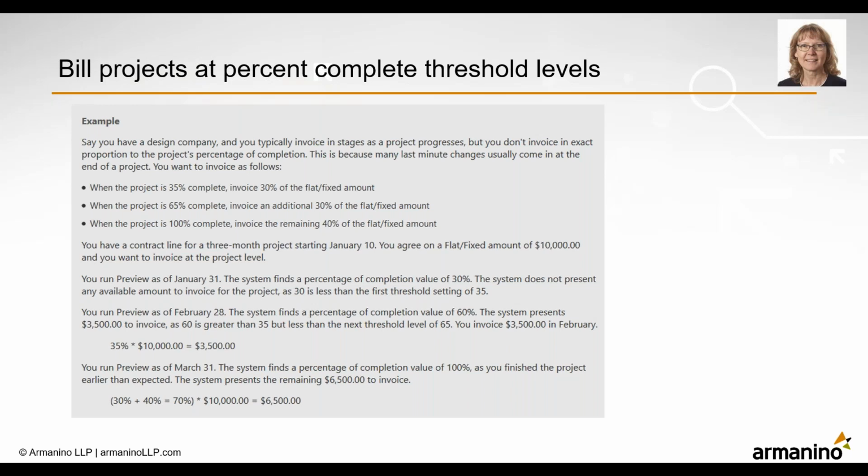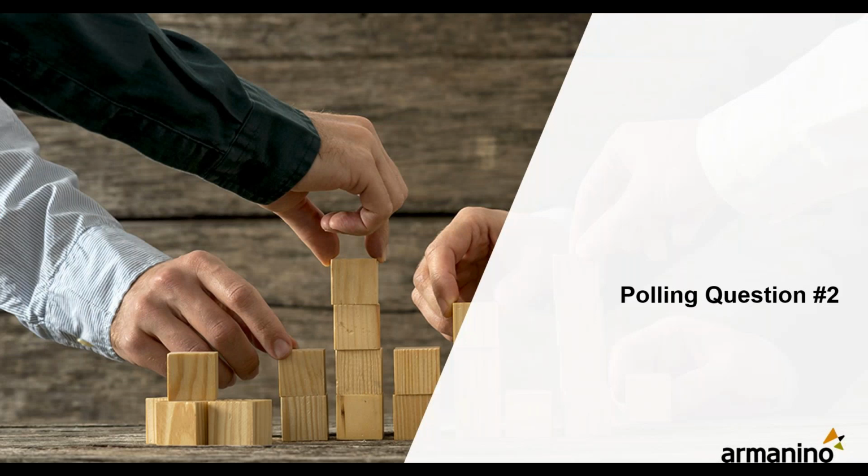When the project is 65%, invoice an additional 30%, and then when it's 100% complete, invoice the remaining 40%. So as you can see by that example, it's giving us the ability to pick and choose, based on what percent it is complete, invoice a different percent. We don't have to have that one-to-one match relationship. Okay? So those are some nice new features.